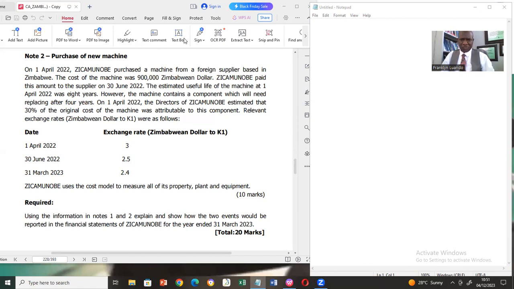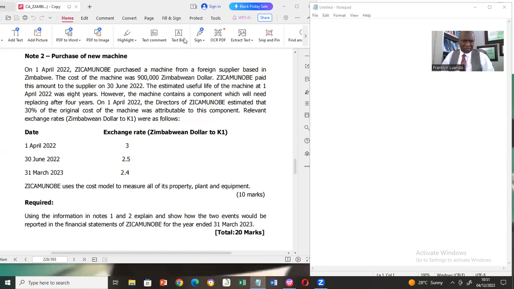The estimated useful life of the machine at 1 April 2022 was 8 years. However, the machine contains a component which will need replacing after 4 years. On 1 April 2022, the directors of ZICA Munobe estimated that 30% of the original cost of the machine was attributed to this component. Relevant exchange rates are given.